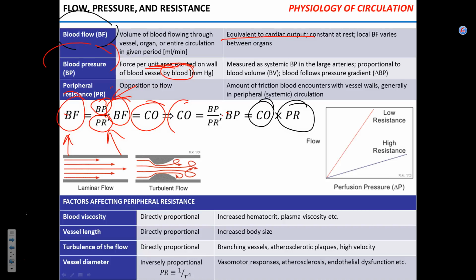Can you increase stroke volume, the amount of blood that is pumped with each contraction? So you can increase either the heart rate or the pumping capacity. If you think about it, it makes perfect sense that increased heart rate, for example, will increase blood pressure. Does that make sense?